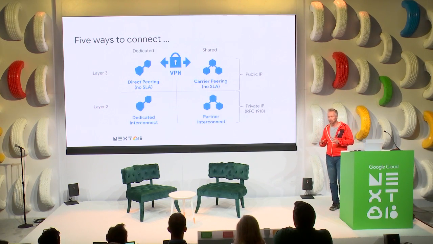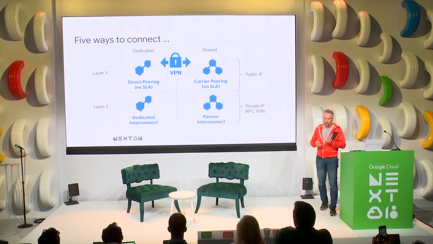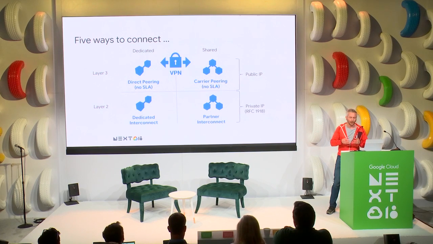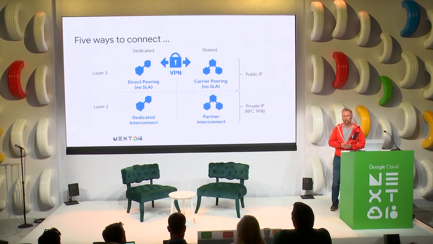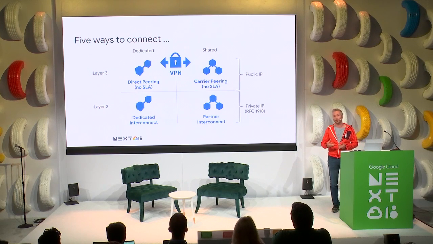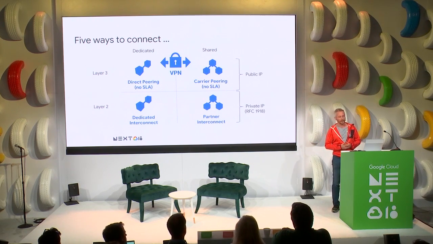Now talking about how to connect to GCP. You have the following options. For low bandwidth connections which connect via the public internet, you can use VPN, which provides you 1.5 gigabits per second. If you want to save up to 50% on egress costs compared to the VPN option and want to connect via public IP, you can use either direct or carrier peering, depending on whether you meet Google's peering requirements.